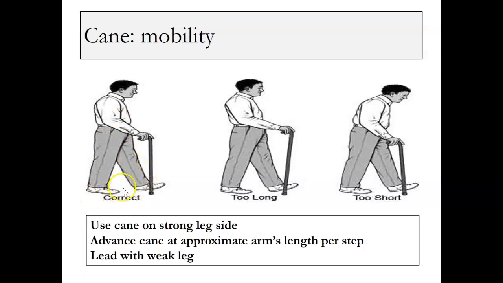And he's advancing at approximately an arm's length. Here, this is too long, this is too short. The big thing to get out of this is the cane always goes on the strong side. And that seems counterintuitive. There's reasons for that. But just remember, the cane is always on the strong side, and you always lead when you're walking with the weak leg first.